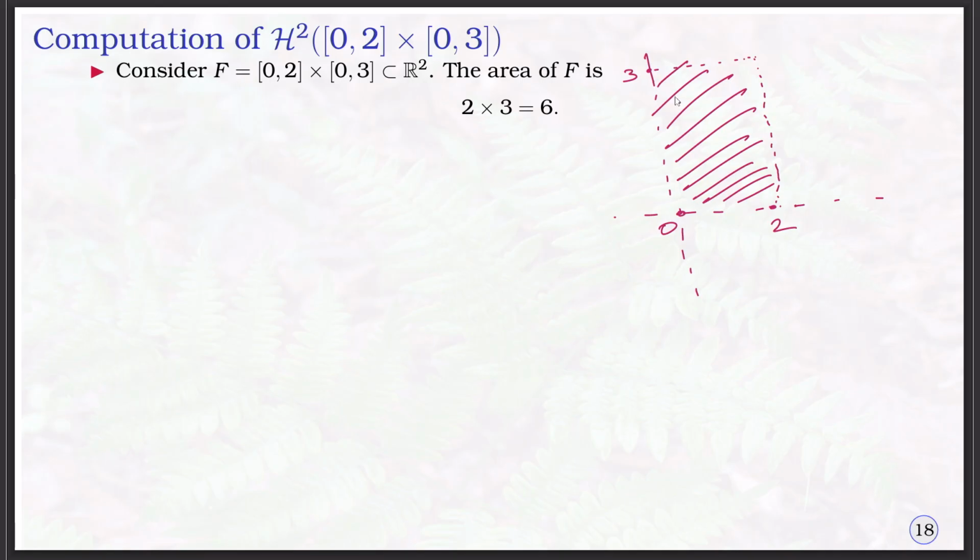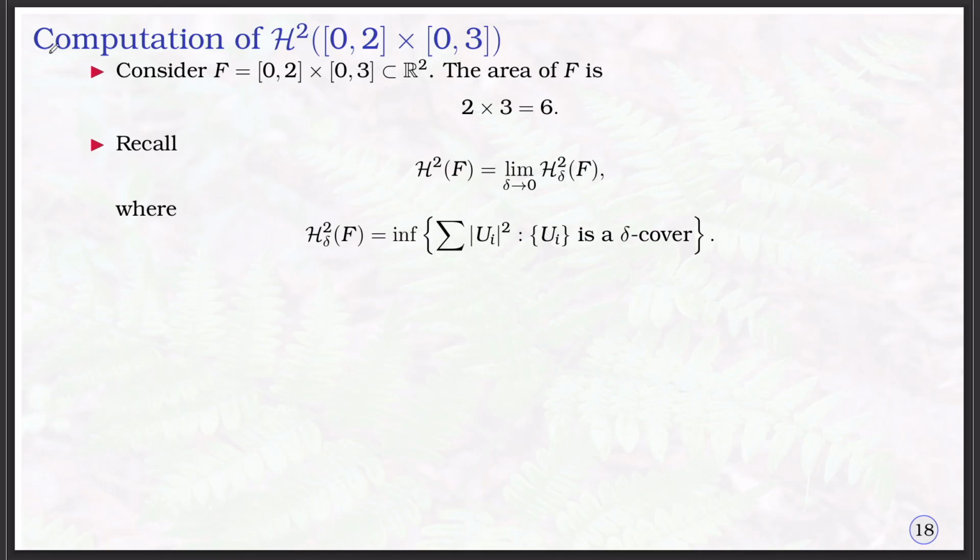Consider F equal to this region. The area of F is, we have here side length 2 and this length 3. If you take the product, you get the area of F. Now, we need to prove that H2 of this is 6.